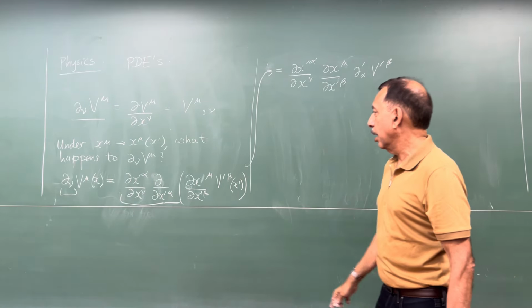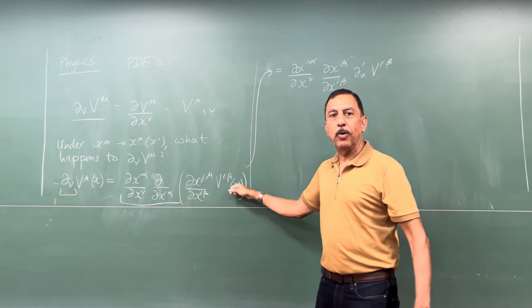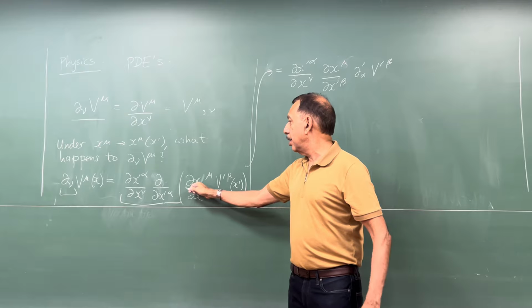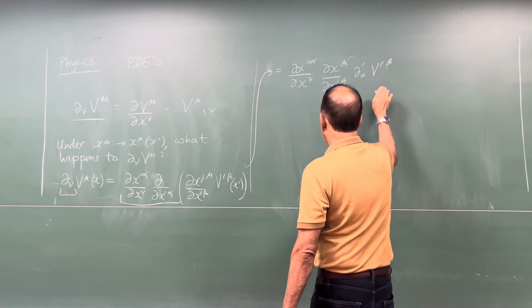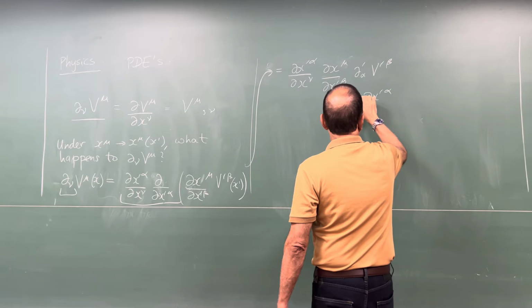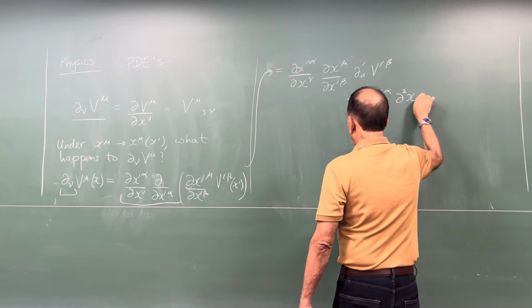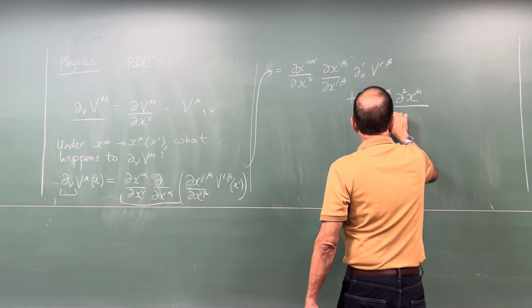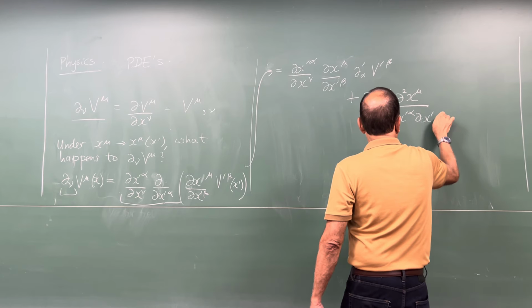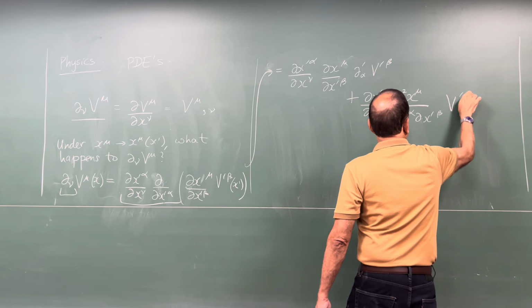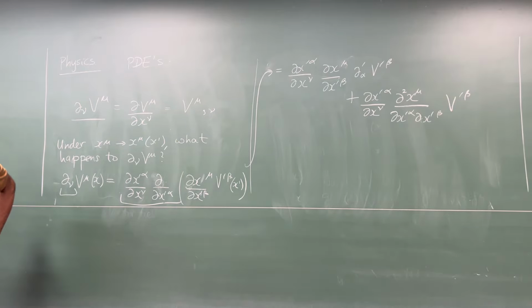Okay, that's when this operator acts on this. But as you know, a derivative distributes over the product of two functions. So there's also a term where it acts on this, and that term is this.